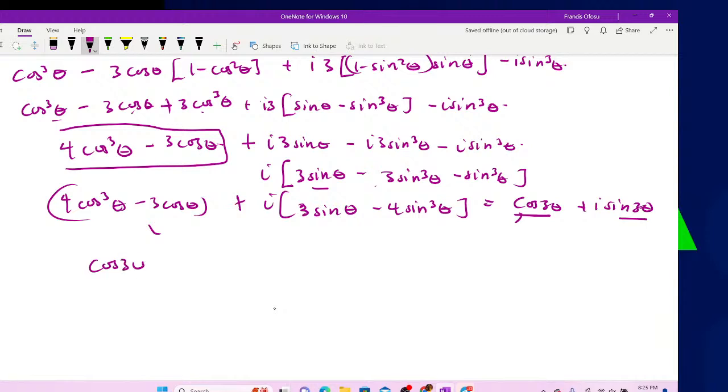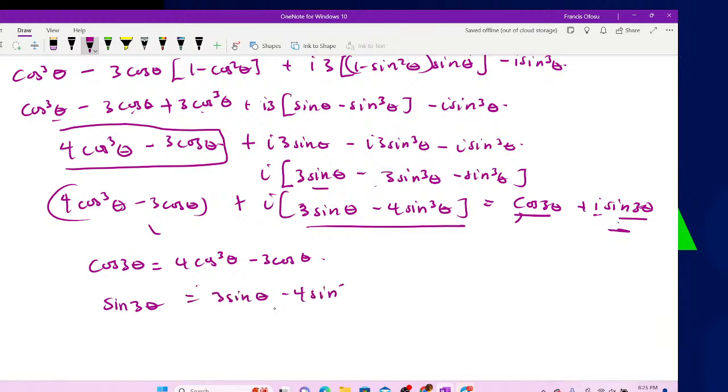So cos 3θ will give me 4 cos³θ minus 3 cos θ. And my sin 3θ, which is the coefficient of i, will take 3 sin θ minus 4 sin³θ. We've expressed it in powers of sine and cosine of θ.